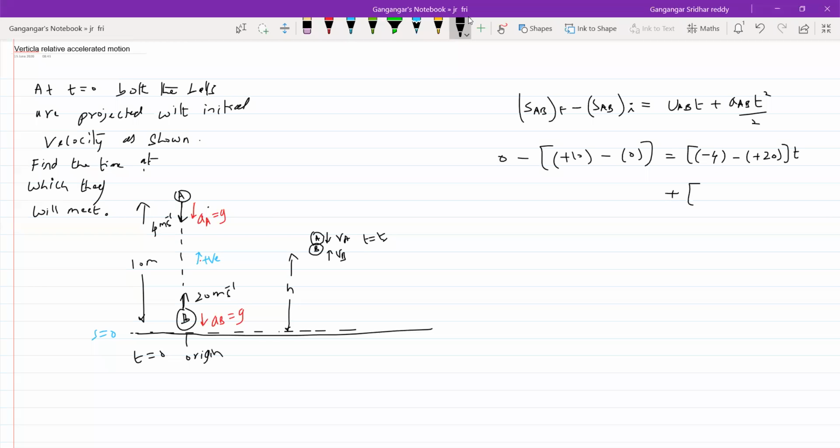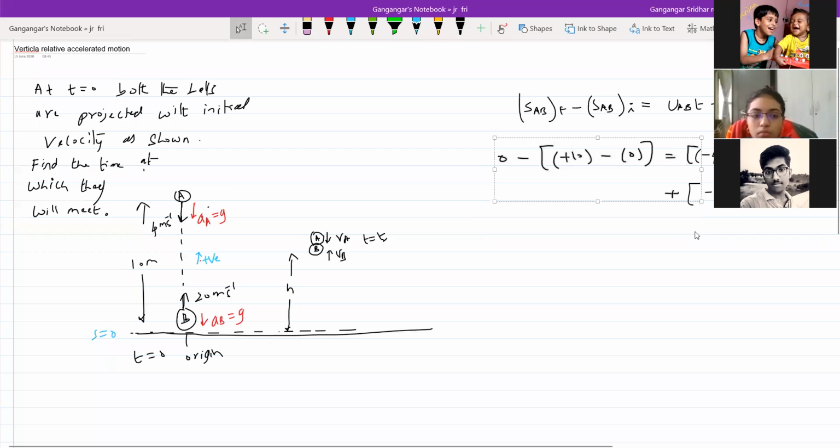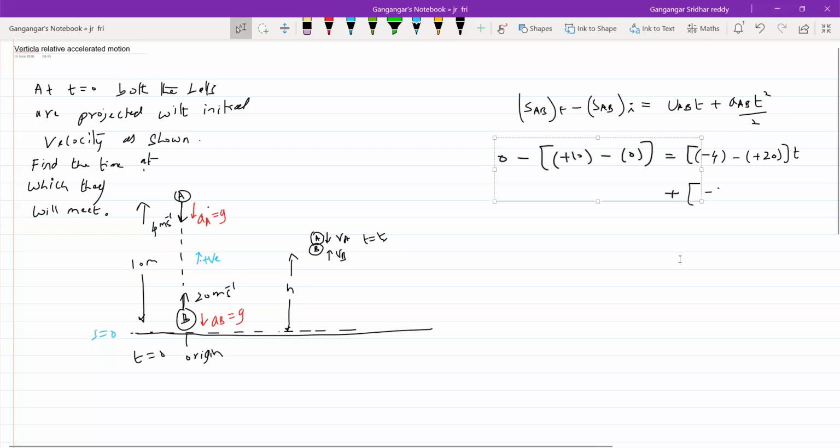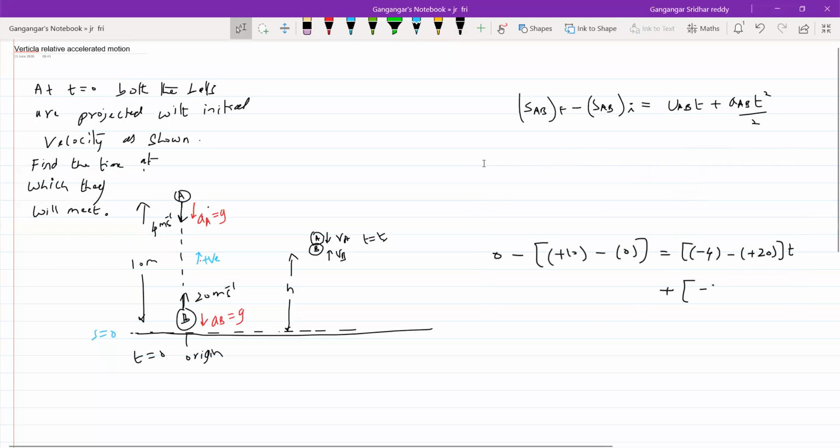What is the acceleration of A? It's minus g. Some of you are getting confused, so let me write one more step. Let me expand this. Some of you are asking, sir, why all that?